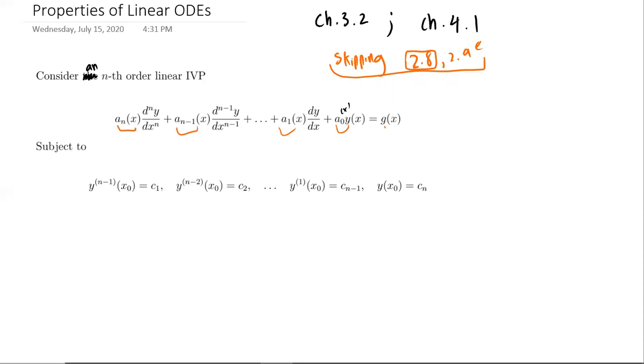And we have one extra function on the other side that's not being multiplied at all by derivatives. So in total, we have n plus 2 different functions that are not the derivative y, right? And again, I call them functions. You can think of them as just expressions of x and constants, like I've said before, right? So when are we guaranteed that there is a solution to this initial value problem? And do we know that it's unique? And the same reasonings as to why this is important that I talked about in section 2.4, they apply here, so I'm not going to go over that again.